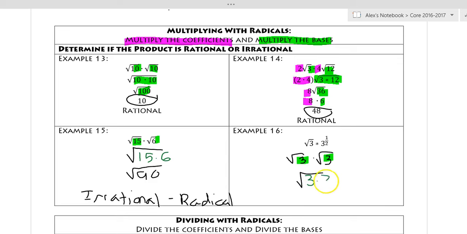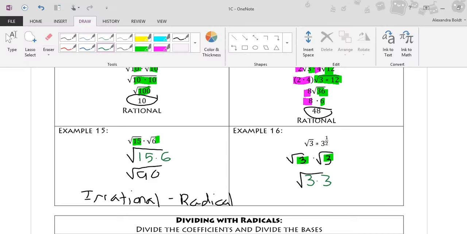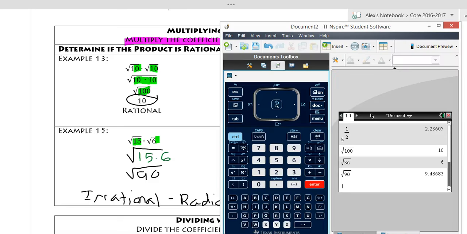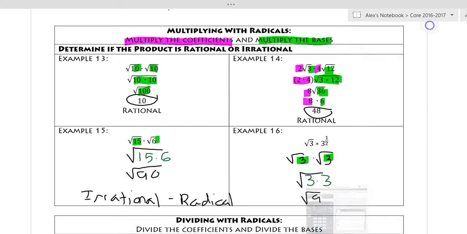So that's 3 times 3. And 3 times 3 is 9. And then if I use my calculator, the square root of 9 is 3. And so that's rational, because just like the other ones, it's an integer. Okay? So sometimes you'll get rational, and sometimes you'll get irrational.